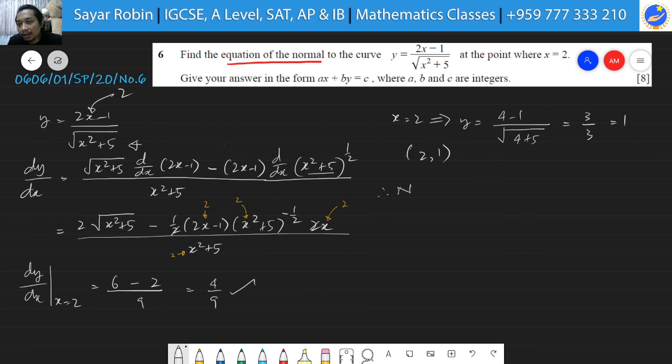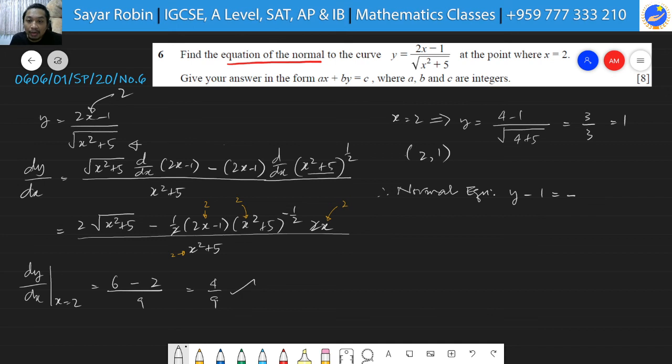Therefore, the normal equation is y minus y1. y1 is going to be 1, equal to the gradient. Now we're going to substitute the gradient. Okay, be careful. Because we have only the gradient of the tangent, we are going to take the negative reciprocal of the gradient to be able to get the gradient of the normal.